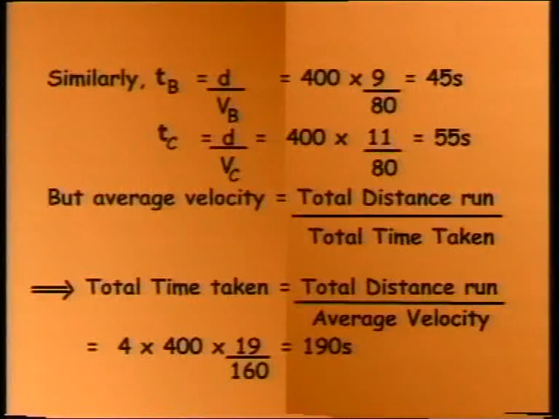And therefore, total time taken is the total distance run over average velocity. So we have 4 times 400 times 19 over 160, because the average velocity is 160 over 19. And if you work that out, you should get 190 seconds.